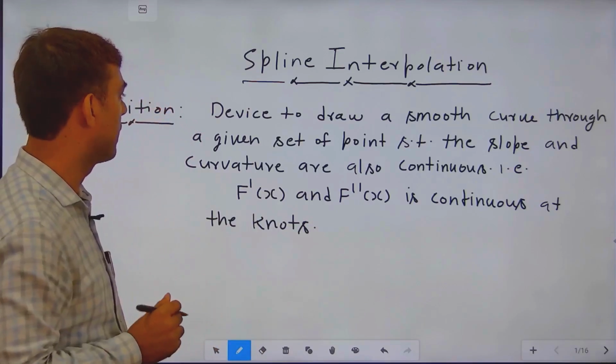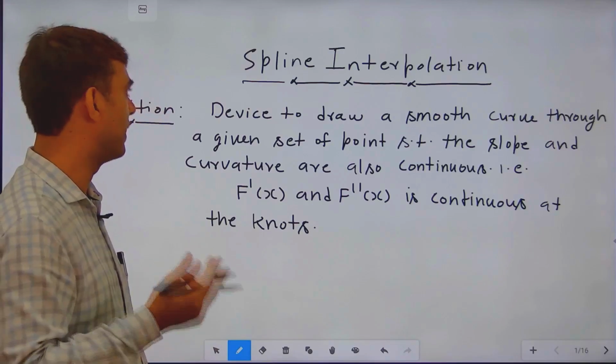So this one is the definition of a spline.